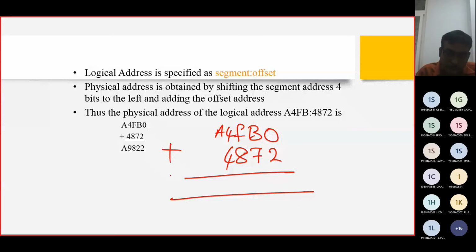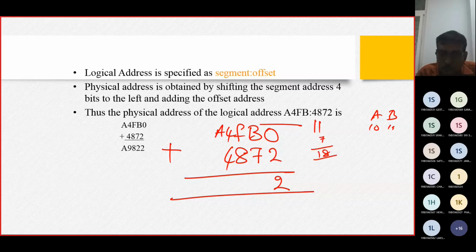How can I make the addition? 0 plus 4 is 4... 0 plus 2 is 2, B value is 11. A is 10, B is 11. So B value we defined as 11 here. So 11 plus 7 is equal to 18, right? 11 plus 7 is equal to 18.